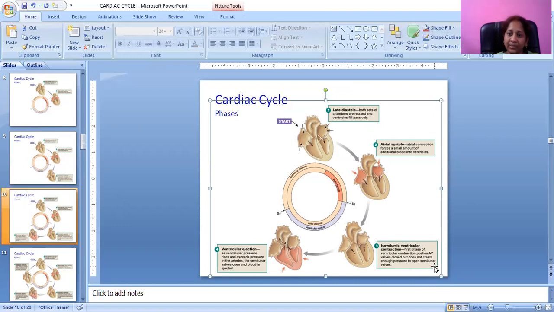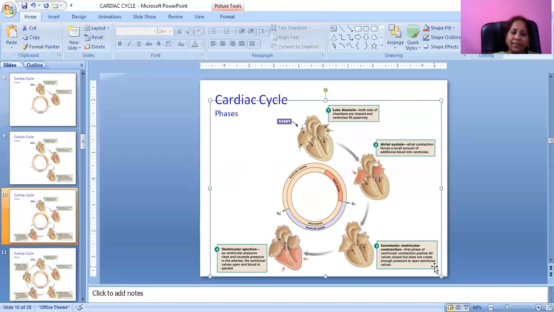It pushes the tricuspid and bicuspid valves, the auriculoventricular valves, closed. On the left-hand side is the bicuspid, on the right-hand side the tricuspid valve. It does not create a pressure to open the semilunar valves, and in this ventricular contraction the semilunar valves are not open.